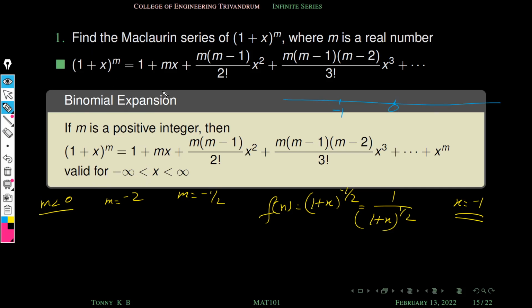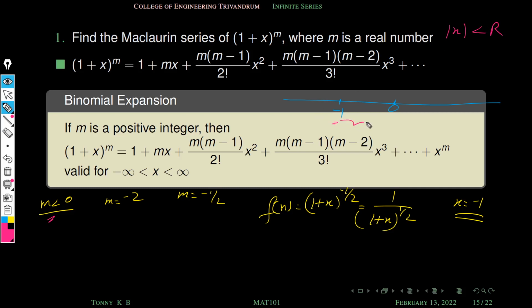Okay, so what is the interval of convergence in this case, if m is negative, for this series expansion? We know that the interval of convergence of a Maclaurin series is always of the form mod x less than r. So that means we have to find the largest such interval such that this function is continuous. And we know that this function has a discontinuity at -1. So what is the largest such interval, or what is the value of r?